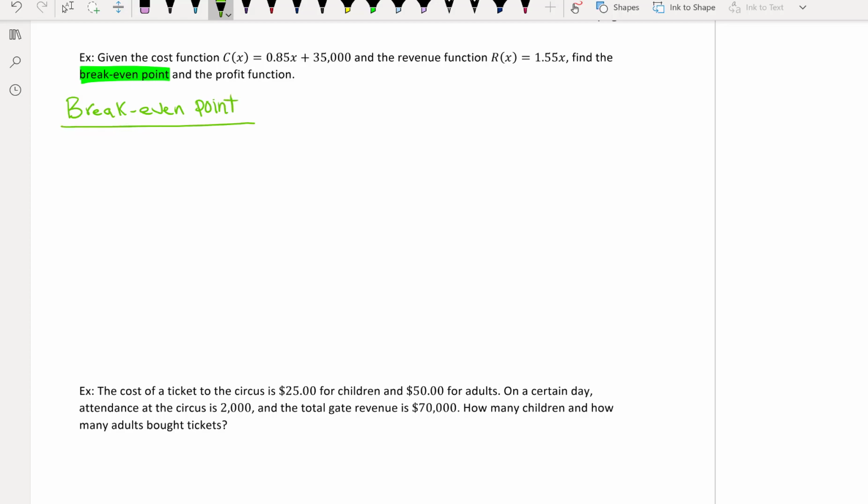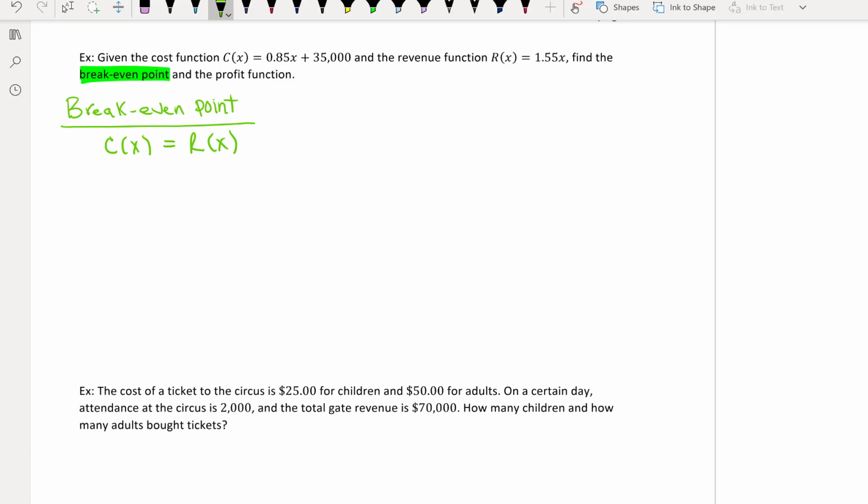So if I have the break-even point, I have a certain formula for that. That formula is going to be C of x is equal to R of x. So my cost function is equal to my revenue function.